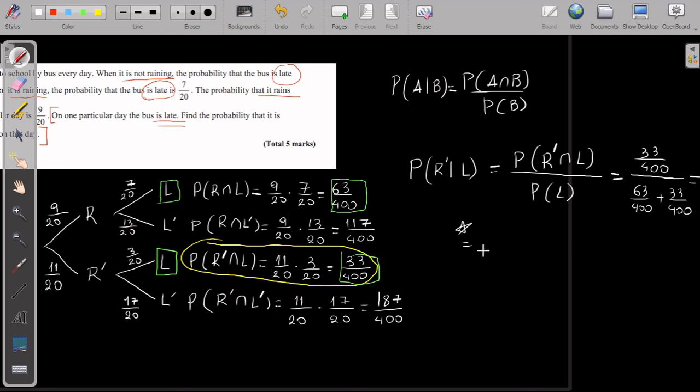Now if I simplify, it's 33 over 400 divided by 99 over 400, which, simplifying my composite fraction, is 33 times 400 divided by 99 times 400, which is 1 over 3.